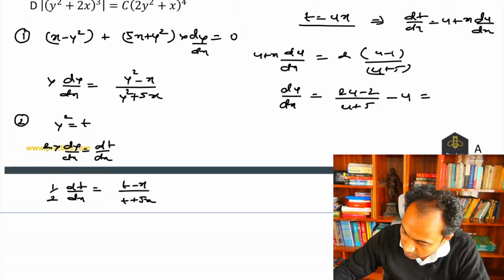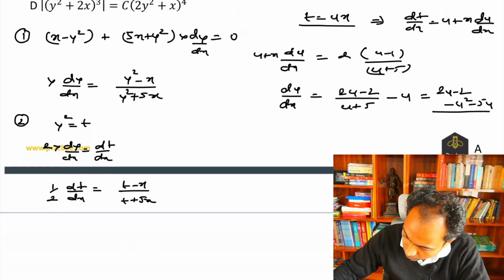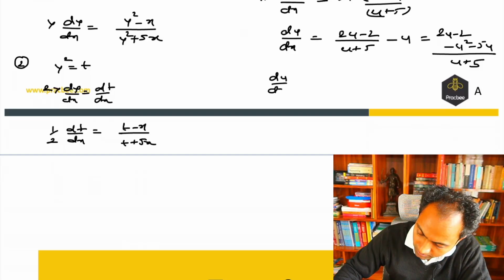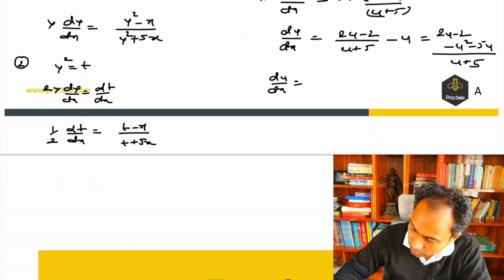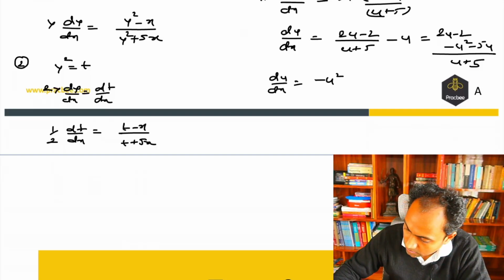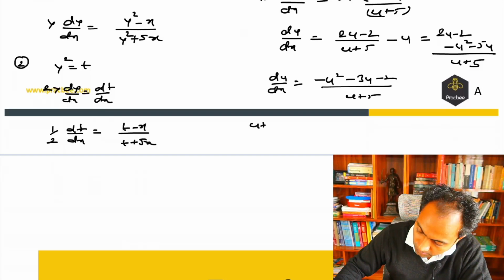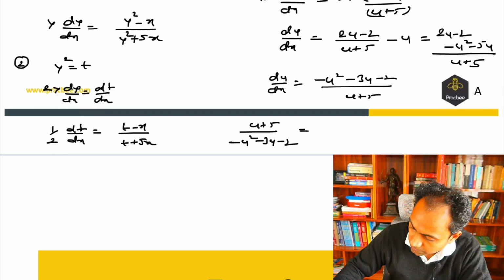So this is going to become (2u minus 2 minus u square minus 5u) by (u plus 5), which ultimately simplified turns into du by dx equal to (minus u square minus 3u minus 2) by (u plus 5), or (u plus 5) by (minus u square minus 3u minus 2) du is equal to dx.